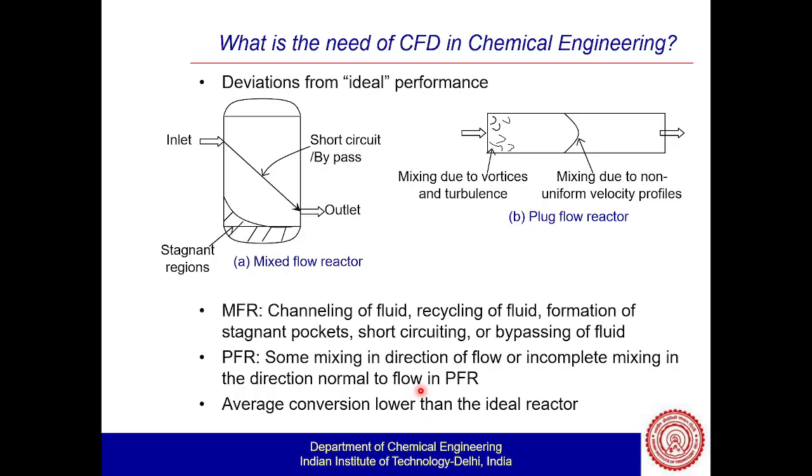For example, if there is some turbulence happening, that will not be captured by the equation. So your average conversion actually gets lower than these ideal reactors, which are MFR or PFR. Since your equations are not going to capture it, you have to go for certain other kinds of approaches.